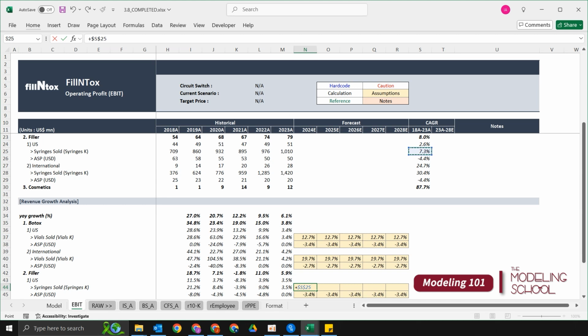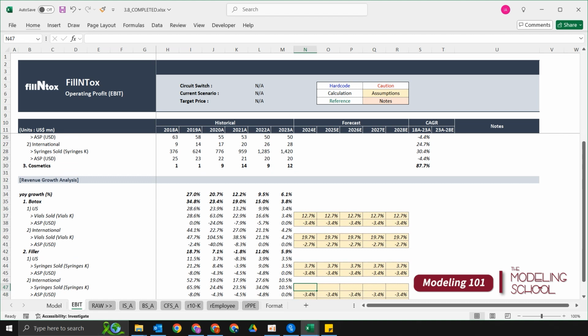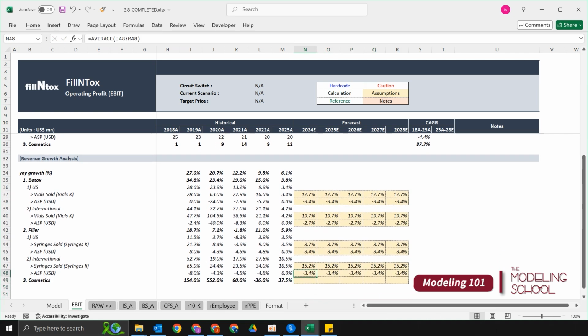F4 divided by 2 gets us 3.7%. And lastly, for international syringes sold, quite attractive growth rate numbers, 15.2% growth rates for the next 5 years.